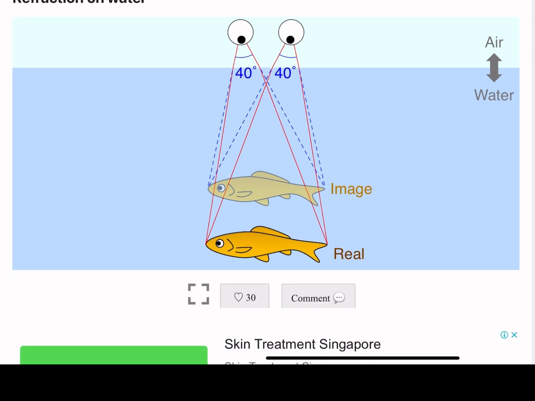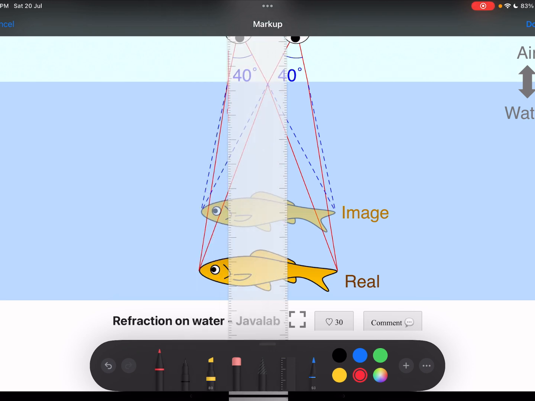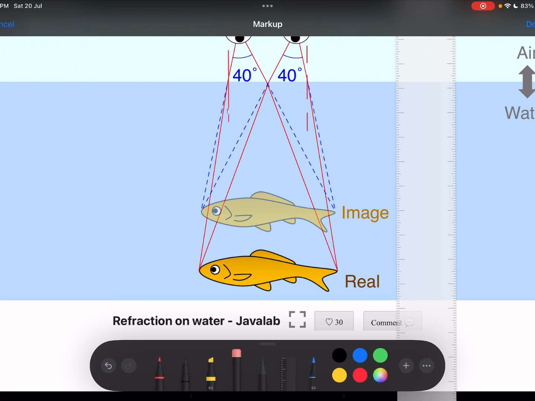So why is that the case? Here, let me draw the normal. Okay, let me just erase this so you can see the dotted line. Okay, so over here, we see that this was my light ray.